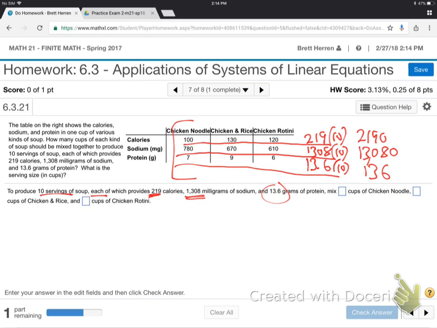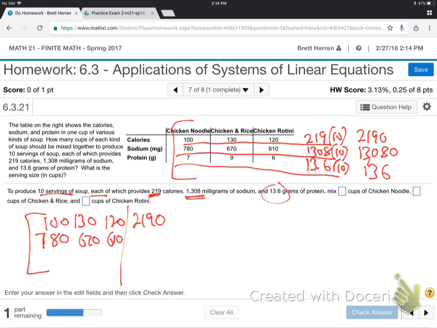So put that matrix in: 100, 130, 120, 2190. 780, 670, 610, 13080.